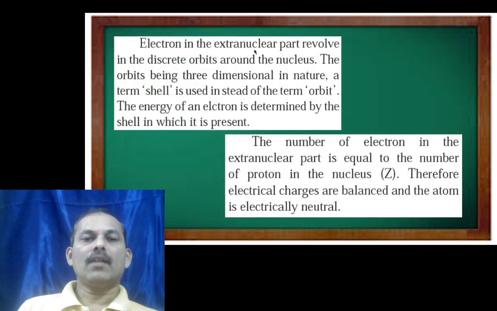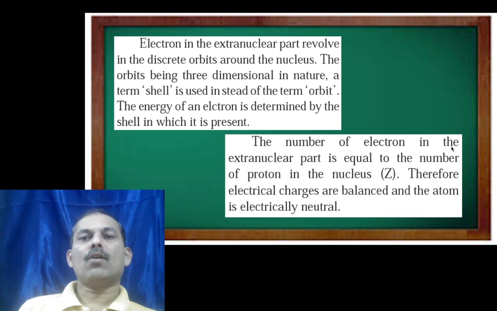Electrons in the extranuclear part revolve in discrete orbits around the nucleus. The orbits being three-dimensional in nature, the term shell is used instead of the term orbit. The energy of an electron is determined by the shell in which it is present.